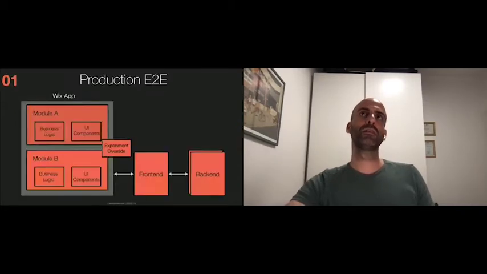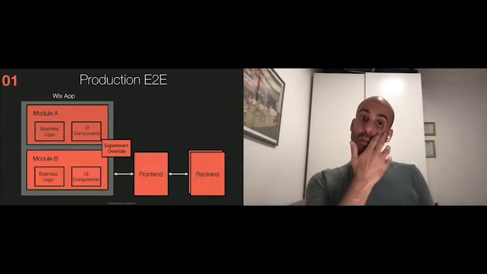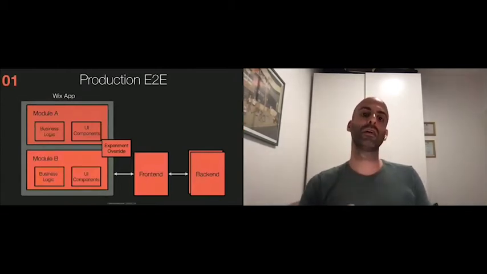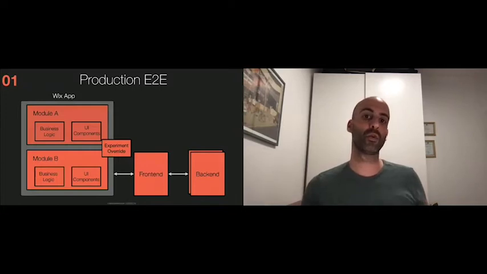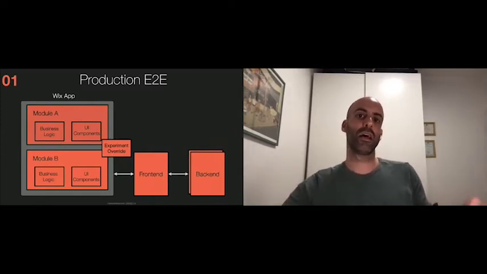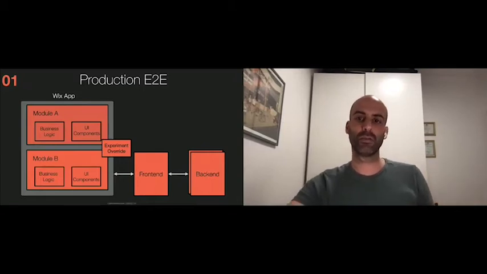So the first one is production end-to-end. Those are a fully functional app, mostly, with very minimal mocking. Wix uses experiments and A/B testing quite extensively, and with this type of test, we want to make sure that we get the same features, our A/B tests, on every test execution.